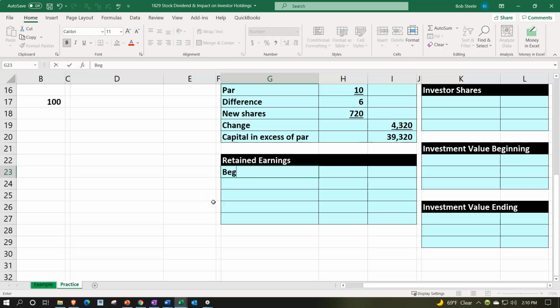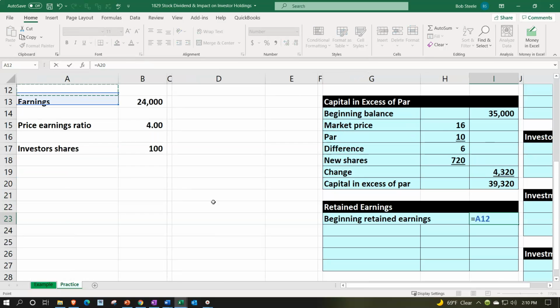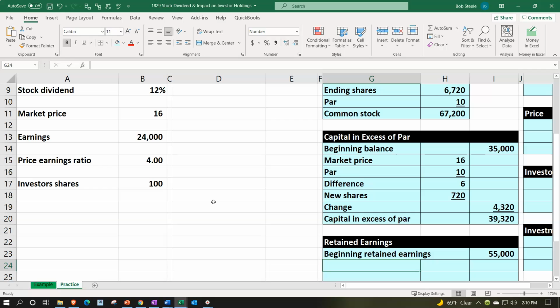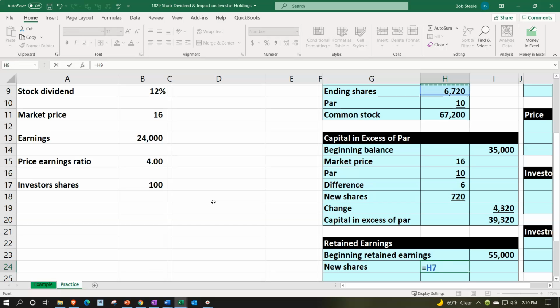Well, in the beginning, retained earnings, as far back as we can tell, had a beginning balance of the 55,000. And then there was a stock dividend, miraculously increasing the number of stocks by 720.